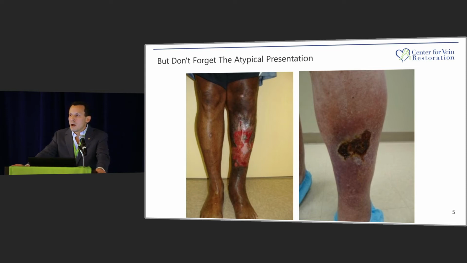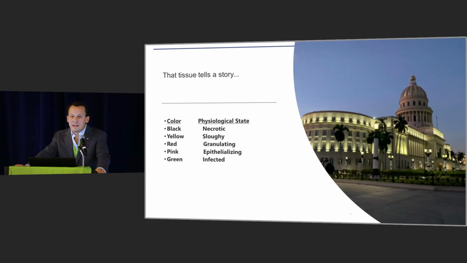But he also had concomitant venous disease that had been ignored for 2 years. Hyperbarics, multiple wound cares did not help this gentleman. So if you see venous disease, your physical exam might not necessarily fit the classic, but treat the venous disease. That tissue tells the story, okay?